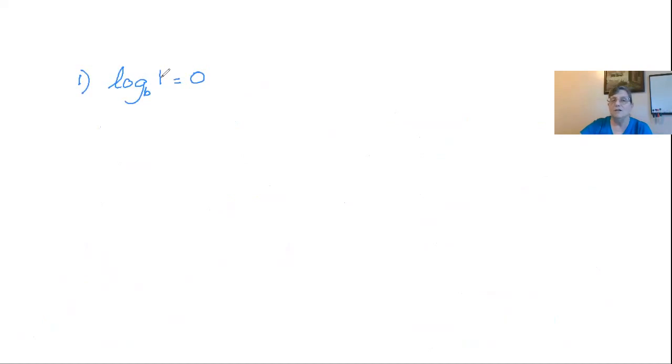So the log of 1 is always going to be 0. You can't take the log of 0. You could take the log of your base itself. What exponent would you have to put on the b to make it equal b? Well, a 1, of course.